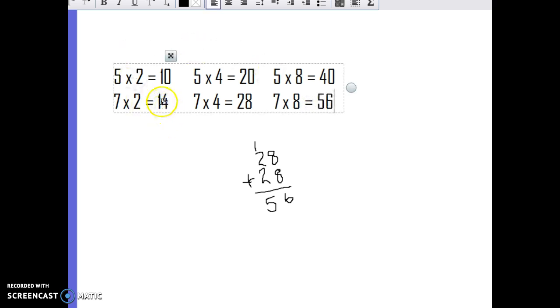So if you look, 14 is 7 doubled. 14 doubled is 28. 28 doubled is 56. So we talked about it being that times 8 is the double, double, double rule. And this is why. No matter what we do, it is the answer doubled, of 7. In this case, 7 doubled is 14, that doubled is 28, and that doubled is 56.